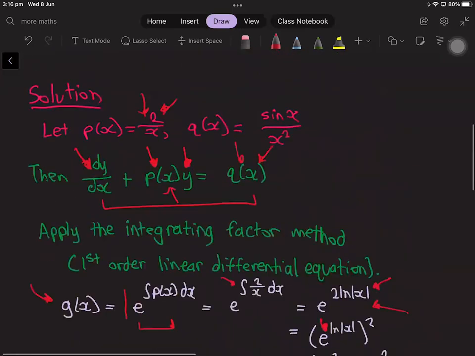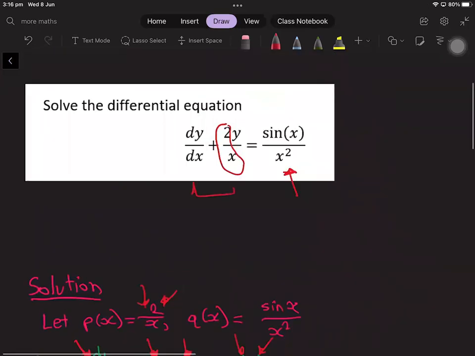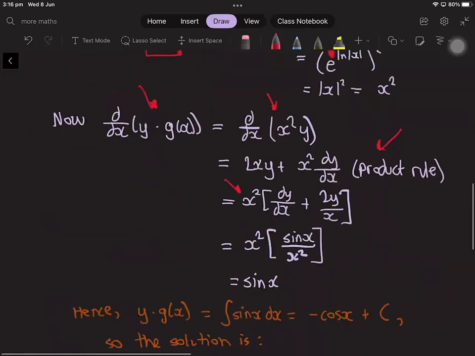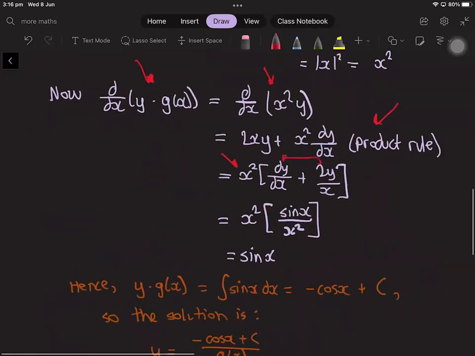And since we have the left-hand side over here, which is dy over dx plus 2y over x equals sine of x over x squared, this part over here is exactly the same as the left-hand side, so we can write it as x squared times sine of x over x squared. So this is equal to sine of x.